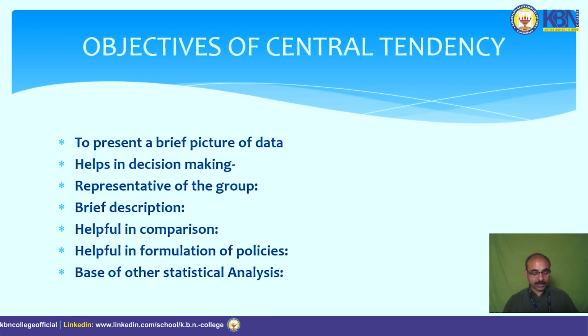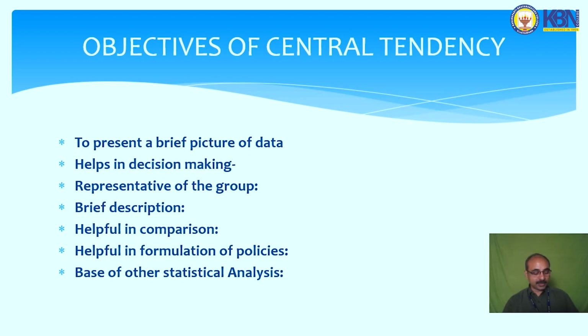Measures of central tendency reduce the data to a single value. That means average, like arithmetic mean, median, mode, has a single value for comparative study. The comparative study thereby helps in further development of an organization.